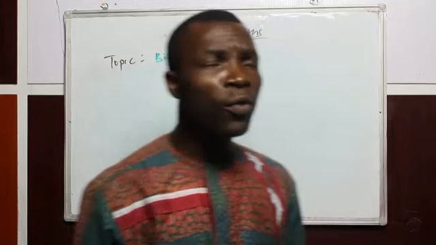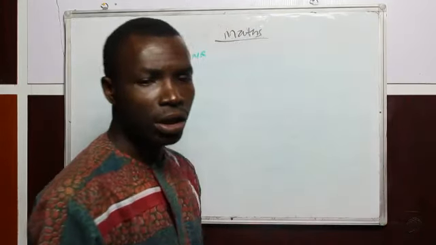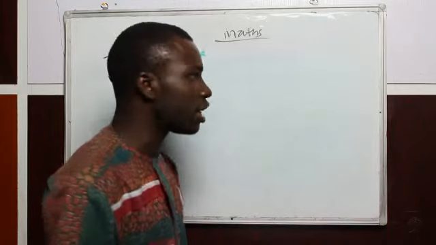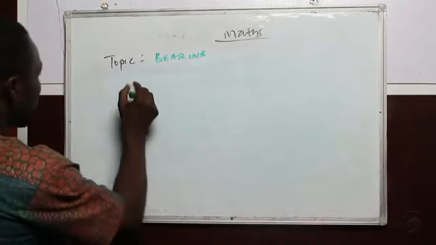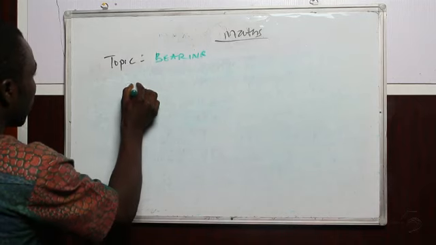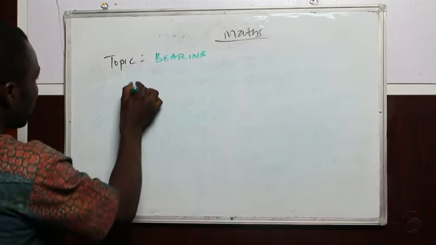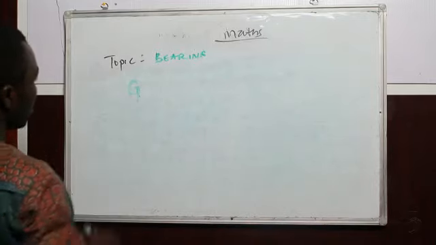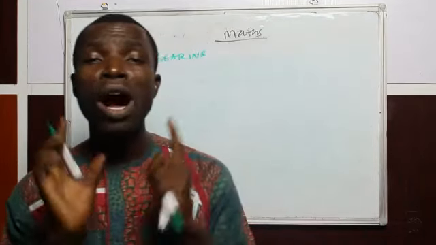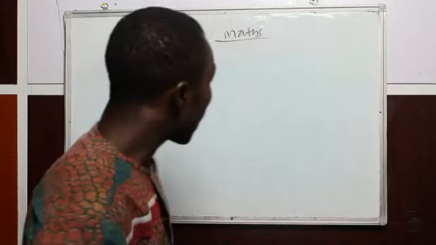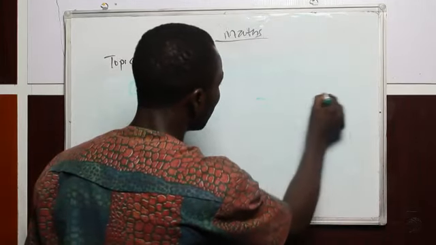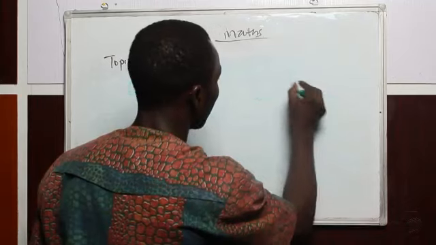Example 1: an aeroplane flew from city G to city H on a bearing of 150 degrees. I want to show us something in this topic.